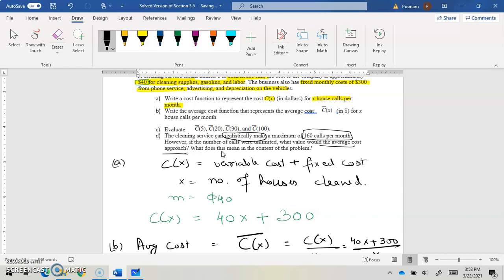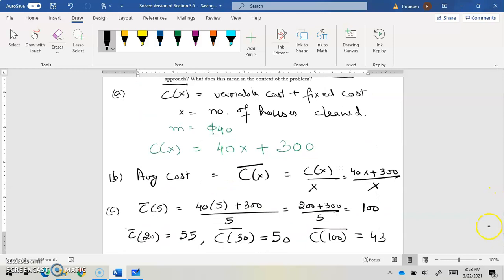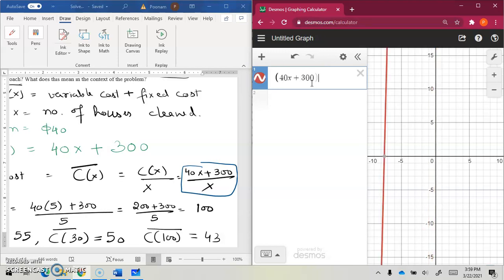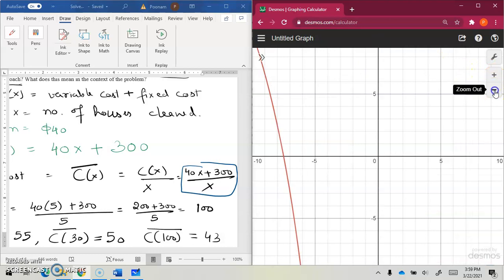Let's check the function one more time. So we have the average cost function to be 40x plus 300, divided by x. Let's try to plot this function on desmos.com. You can try it on the calculator. So let's look at the function.